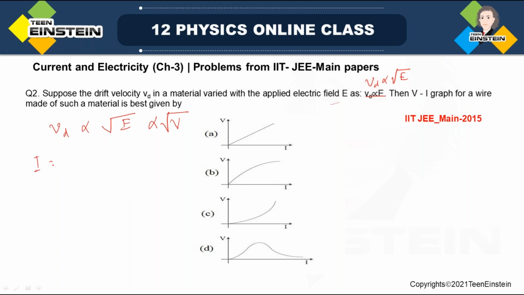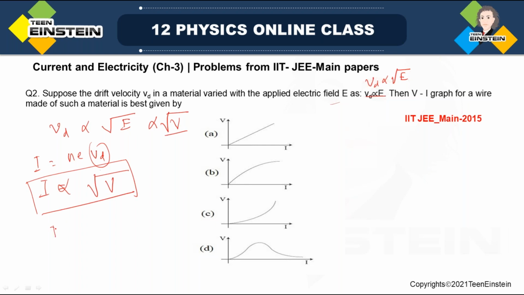Now I know I is equal to nEAVd, and Vd is directly proportional to root over V. So I can write I is directly proportional to root V, where this V is the potential.